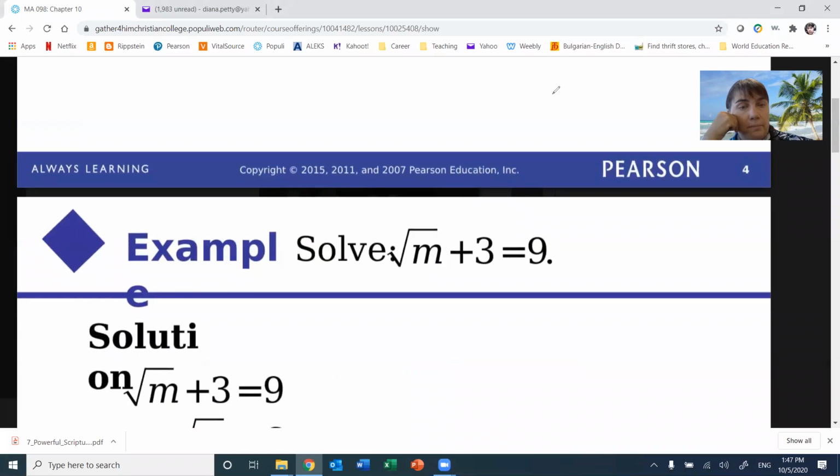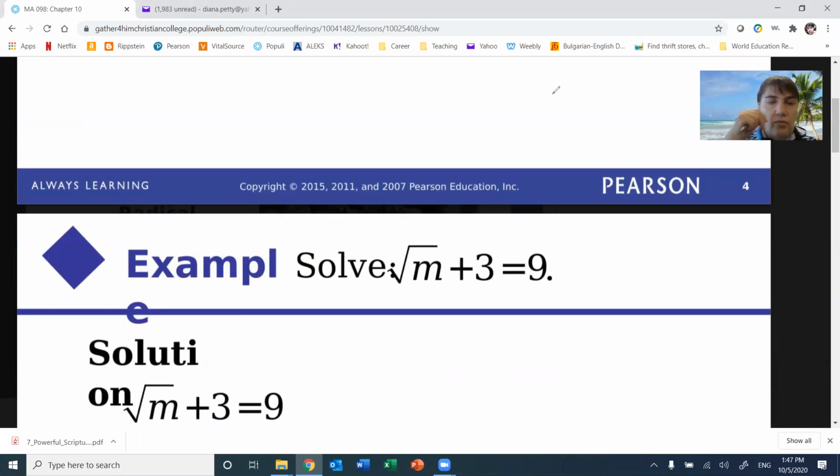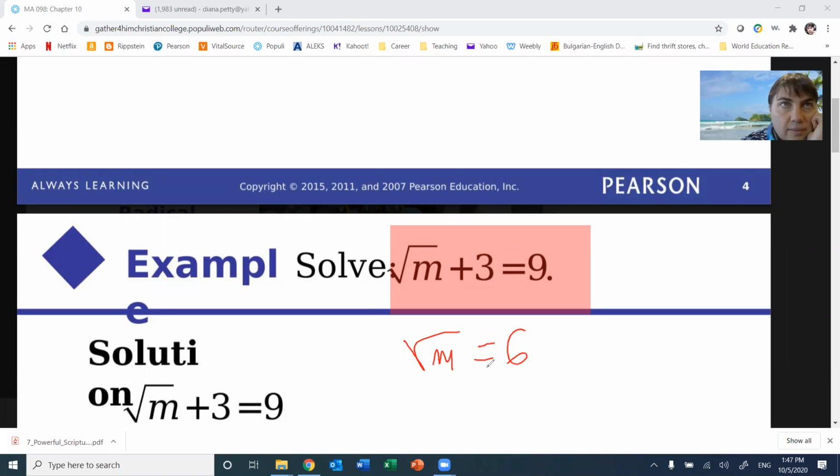Okay. So here is one. It says solve. Wow, this is big. So here is your equation. Your goal is to isolate the radical on one side. Minus the 3, so this is 6, right? Now, how can you remove the square root?